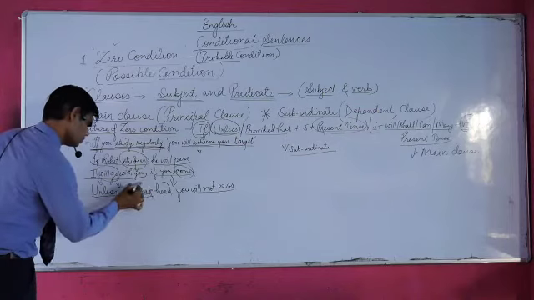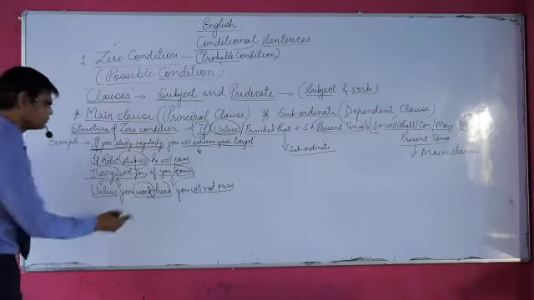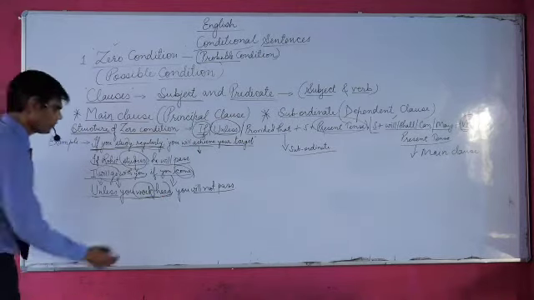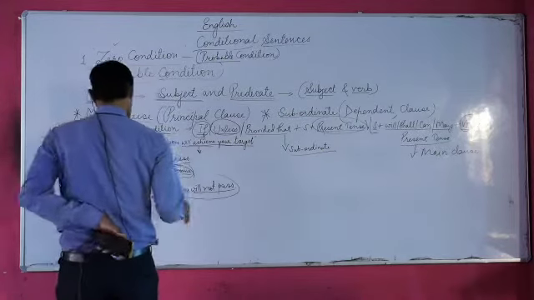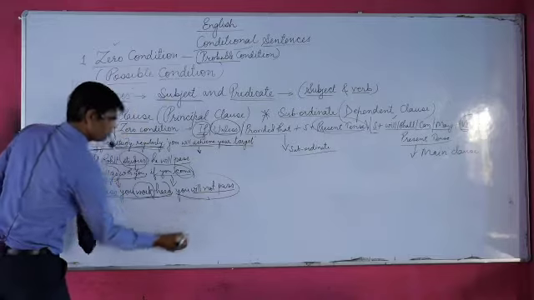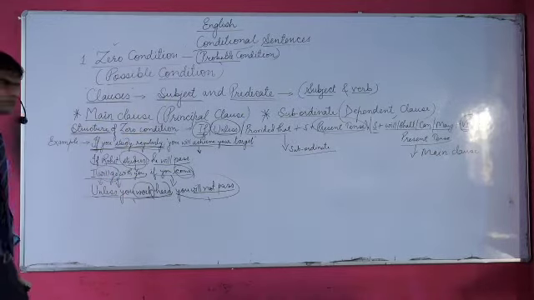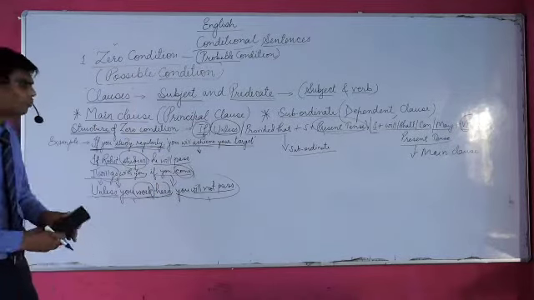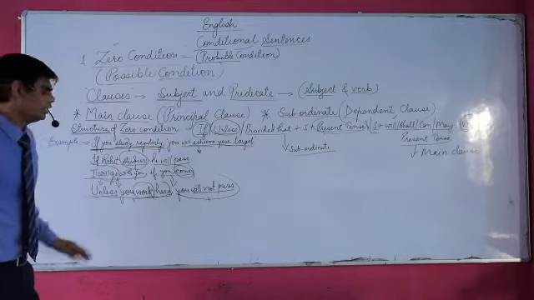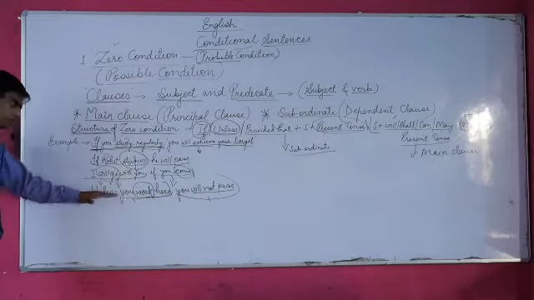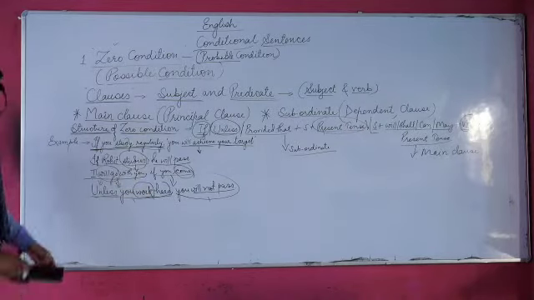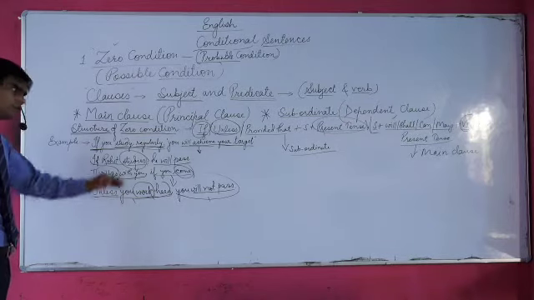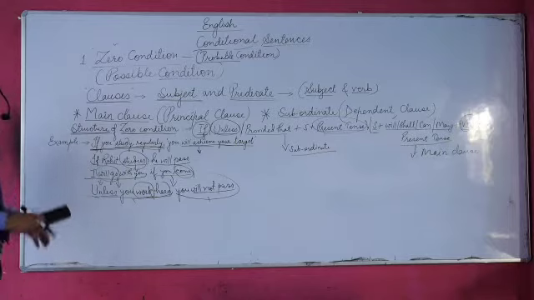This part of the sentence is subordinate, and this part is the main clause. Now look, it is in future, it is in present. It can also be written: you will fail. It does not matter that we make it negative. Unless you work hard, you will fail, or you will not pass. Unless you work hard, जब तक तुम मेहनत नहीं करोगे, fail हो जाओगे, pass नहीं होंगे, like that.